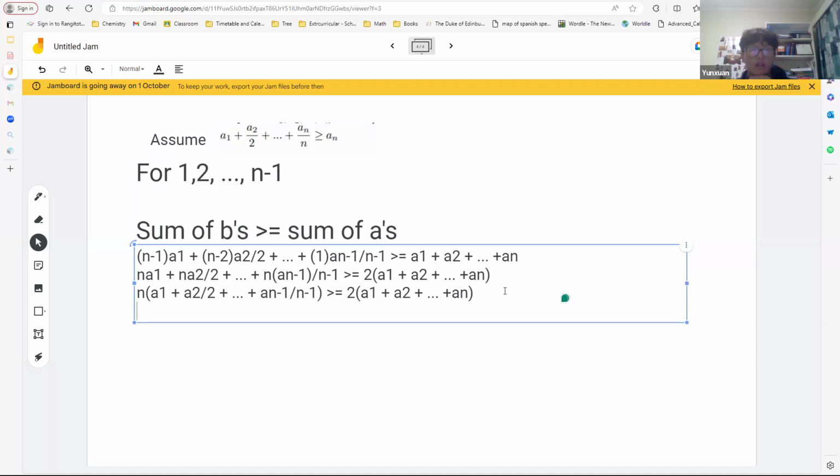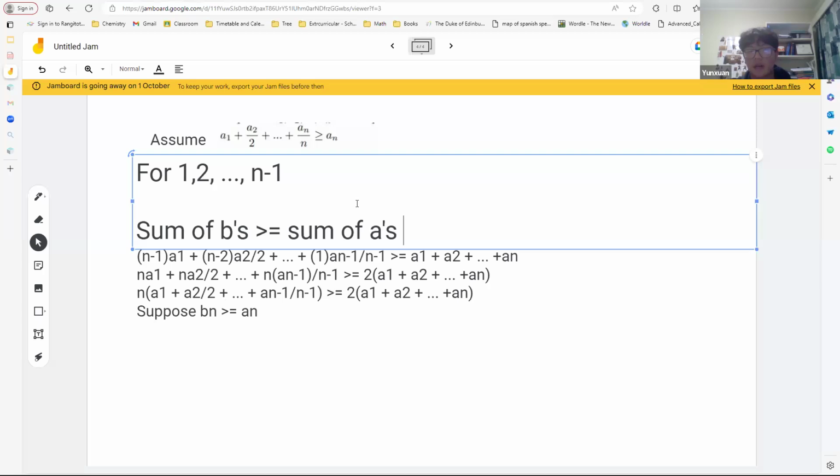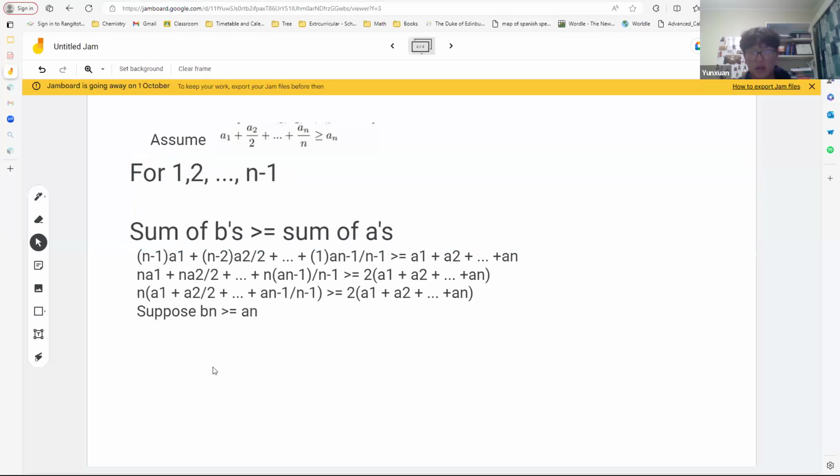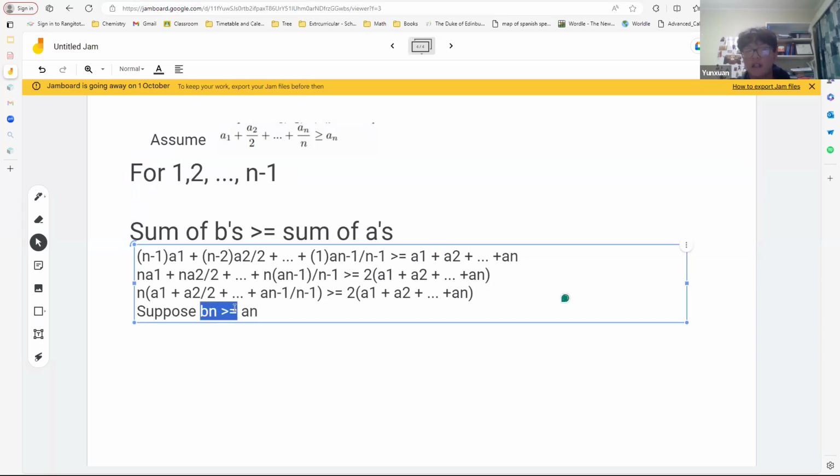But what do we want? We want bn larger than or equal to an. So suppose it's true. Why would we suppose it even though we've already made the inductive hypothesis? We're already supposing two things. Wouldn't this be risky? It would be risky, but we do it to find out why bn is larger than or equal to an, because we don't know yet.